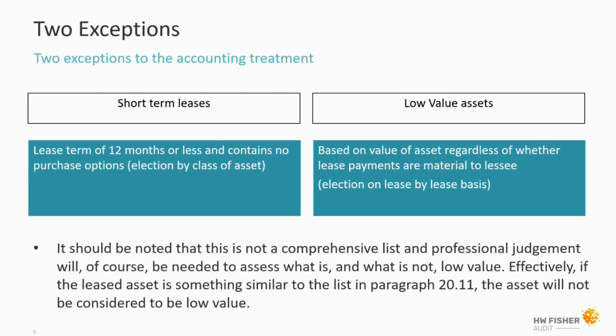That's the first point of call. There are expedients to the lease. The key ones here, you can have the exceptions of not bringing on short-term leases. This is lease terms of 12 months or less, and contains no purchase options.